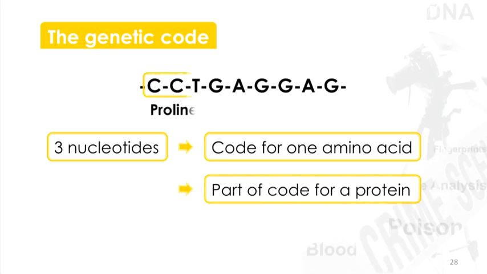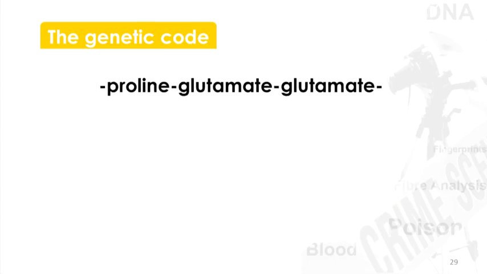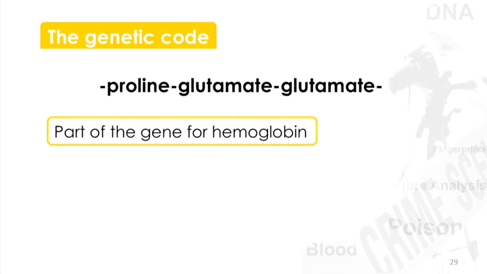And CCT corresponds to a proline, GAG corresponds to a glutamate, and then glutamate is repeated in this particular part of the code. Now this sequence, proline, glutamate, glutamate, happens to be part of the code to make the hemoglobin molecules which are responsible for transporting oxygen in your blood.